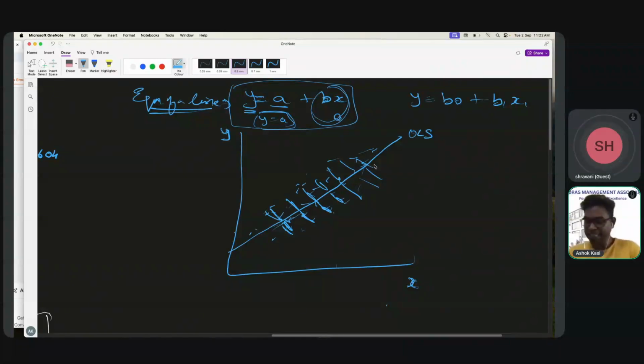Basically, you are regressing, that means you are going back to the data, and you are finding one predicting line. Ordinary least square means least variances are there, so you are predicting exactly in between.